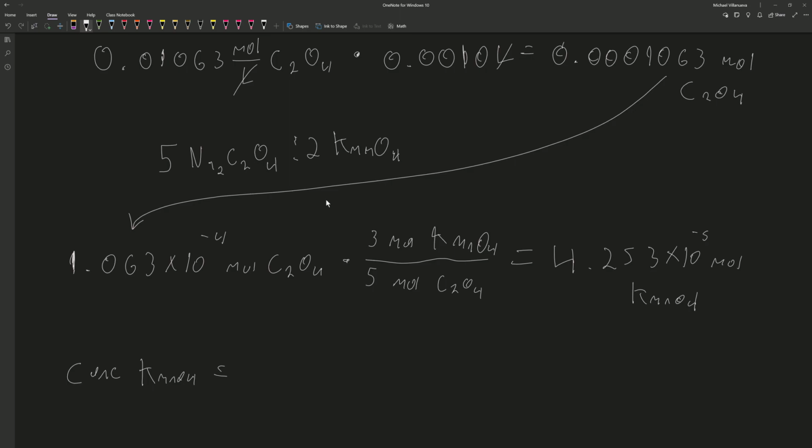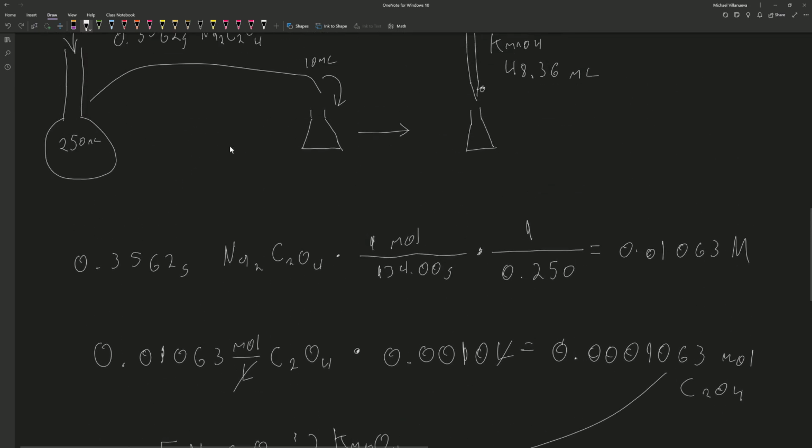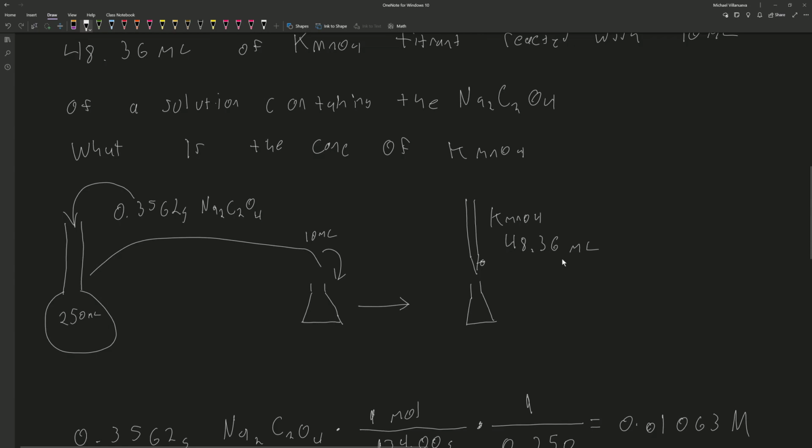equivalent to 4.253 times 10 to the negative fifth moles over 0.04836 liters. And I got that from my initial problem. 48.36 milliliters is equivalent to 0.04836 liters.